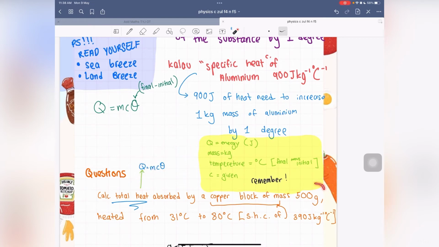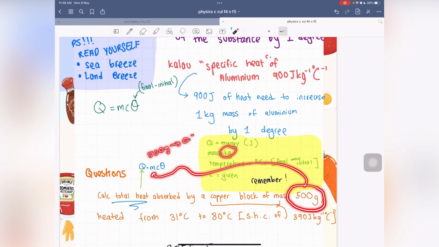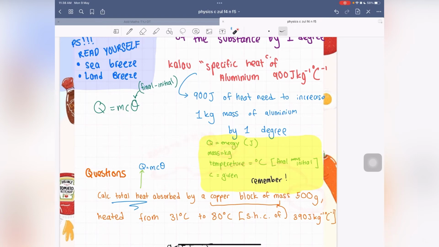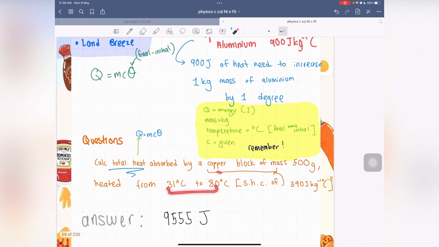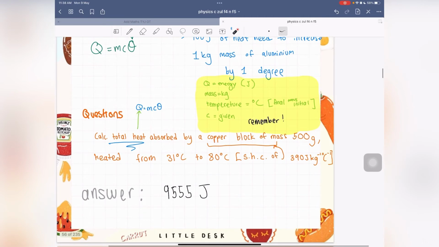What is M? Remember, M must be in kg. So 500 gram must be converted to kg, which is 0.5 kg. So 0.5 times the specific heat capacity, times the change in temperature, which is 49, because 80 minus 31. This will be your answer.